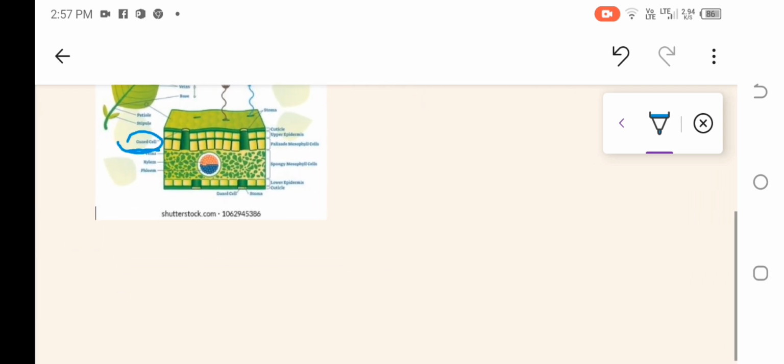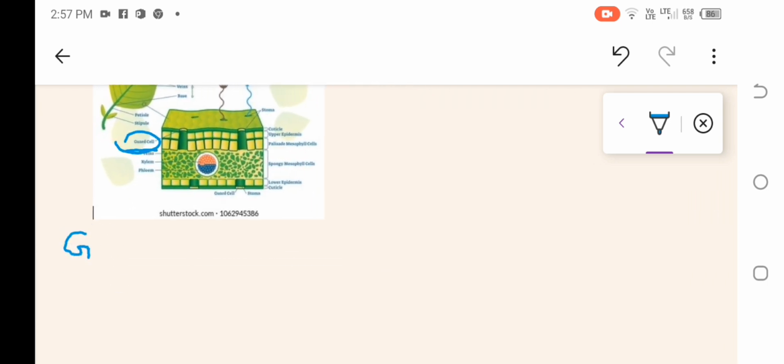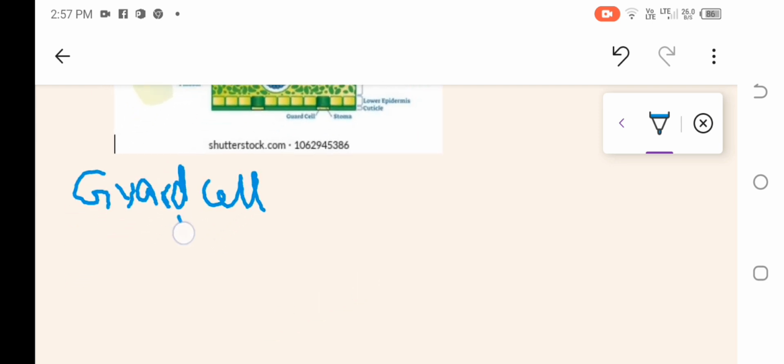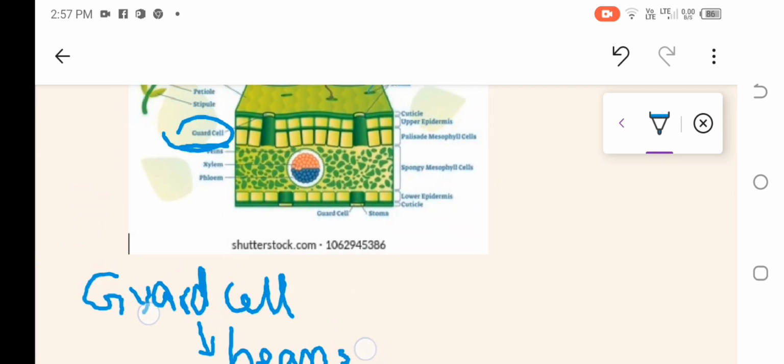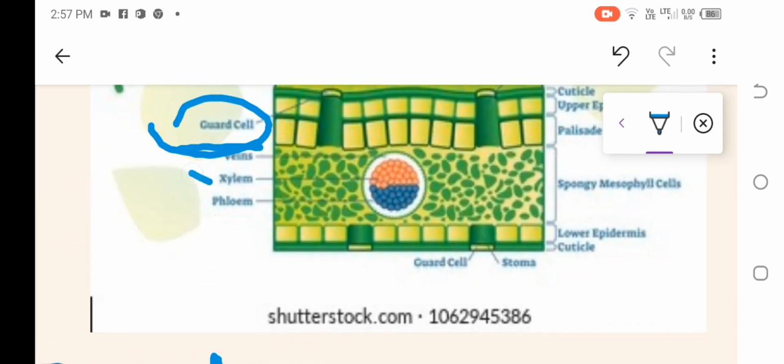Remember, guard cells are bean shaped. When they open the stomata become visible, and when they close the stomata disappear. So the opening and closing of stomata totally depends on guard cells. After that we have the xylem and phloem, which are helpful in transportation. We will discuss these later on.